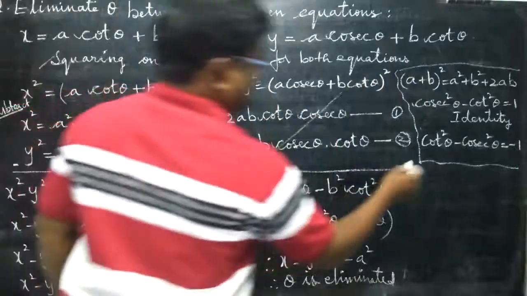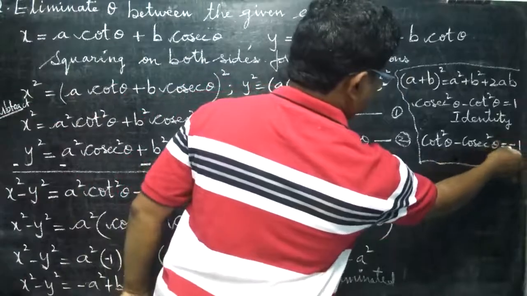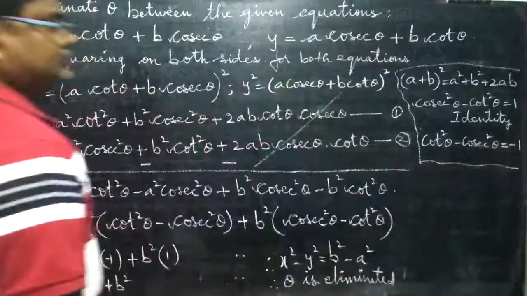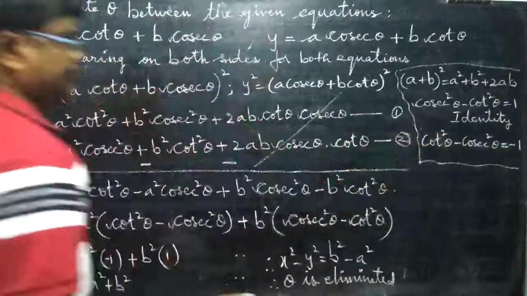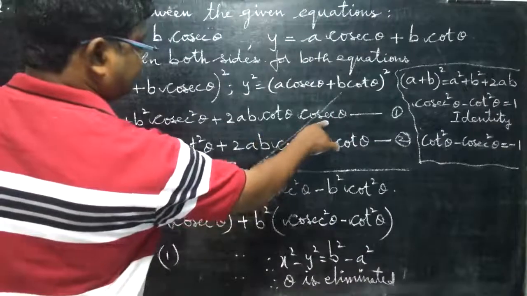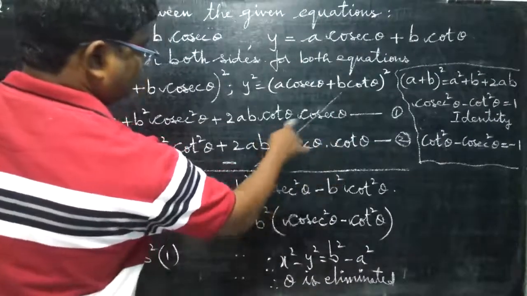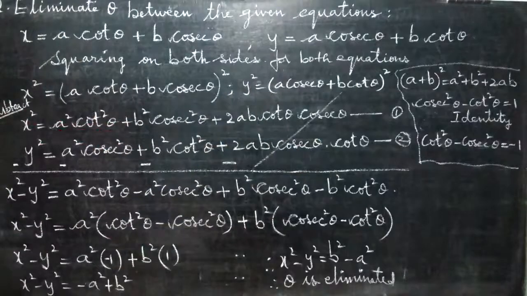Here cot square theta minus cosec square theta is equal to minus 1. Now we can see clearly this is not an identity, this is the identity. Keep in mind and simplify. Plus and minus terms, cot theta into cosec theta and cosec theta cot theta, are the same, so both get cancelled and we got the answer. Therefore theta is eliminated.